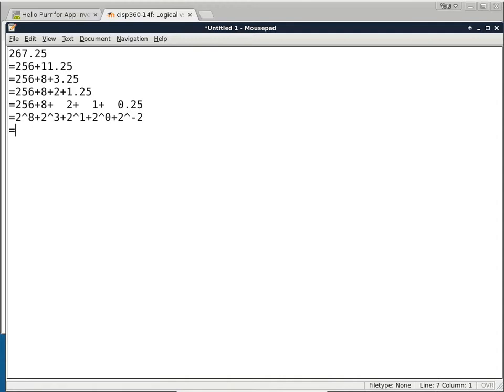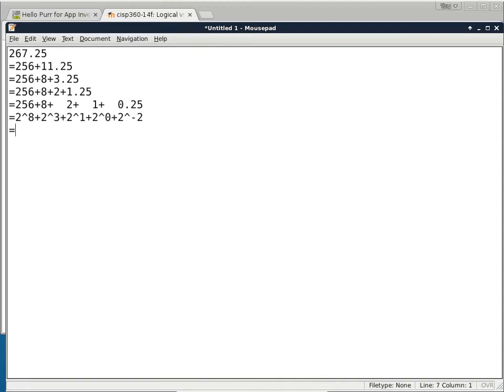What do you think 2 to the power of 8 looks like as a binary number? 1. That's a good starting point. 1 followed by 7 zeros? Okay, what is 1 million? How do you write 1 million as a base 10 number? It's 1 followed by 6 zeros. So what do you think this number is? 8 zeros.